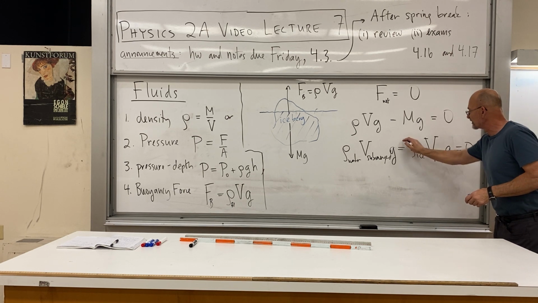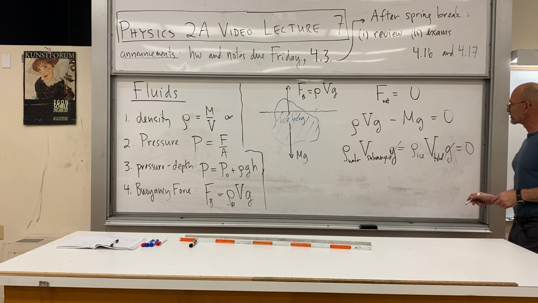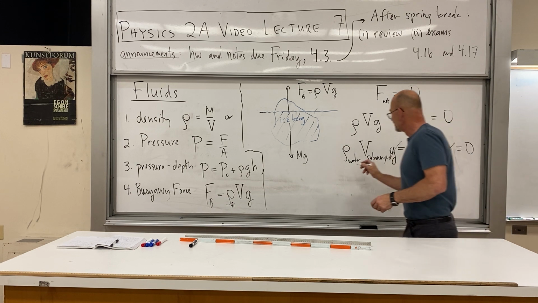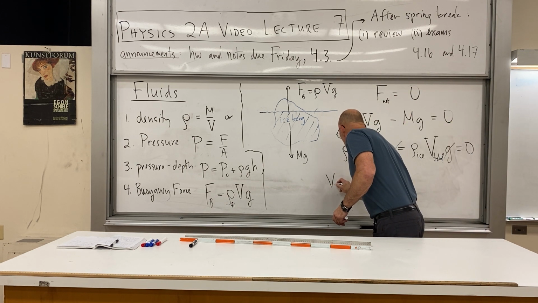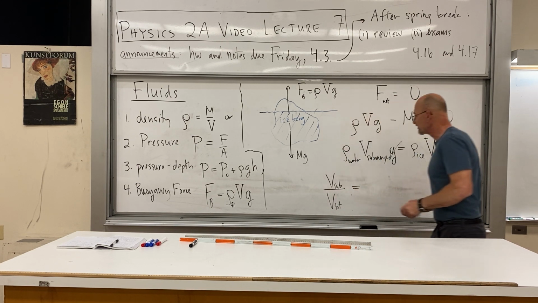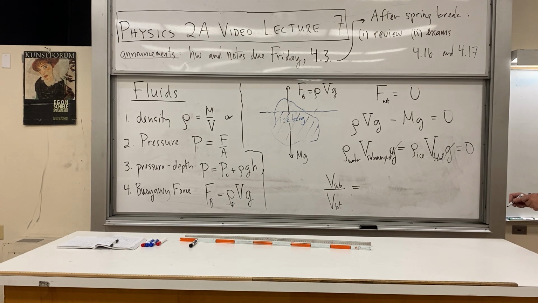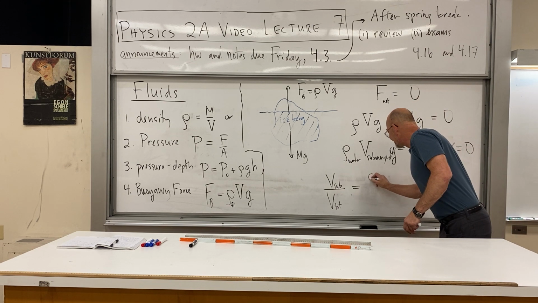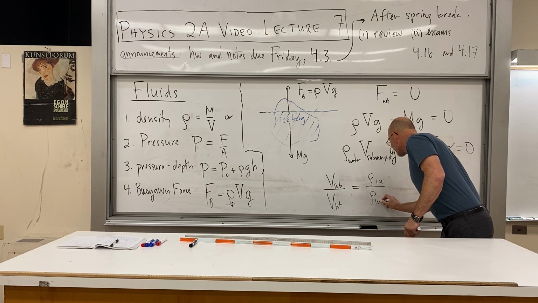Okay, the g cancels. And here's what I'm going to solve for: V submerged, I'll call it V sub, divided by V total. What is that? Have a look. V submerged divided by V total is equal to density of ice divided by the density of water.